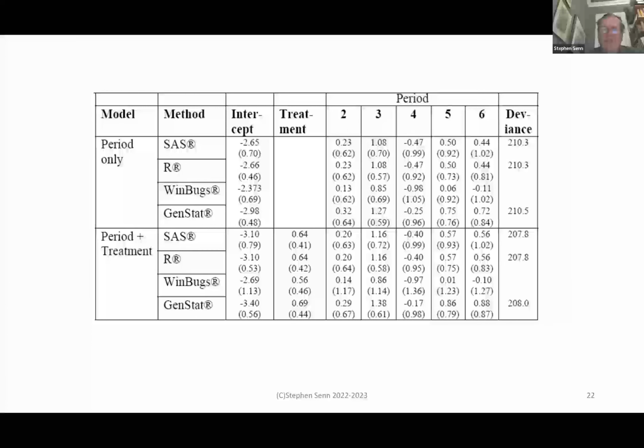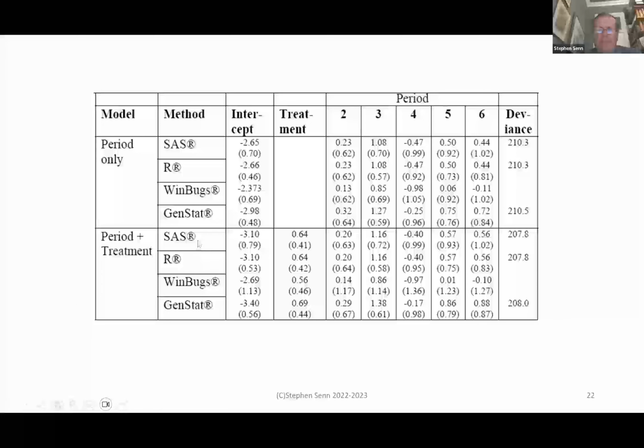So we have here the result without period, and then the result with period without treatment, and then the result fitting treatment. And I'm comparing 4 particular approaches. 2 of them ought to be essentially the same. They are SAS and R. They're simply, as far as I'm aware, the local implementations in SAS and R of the particular model that I've outlined.